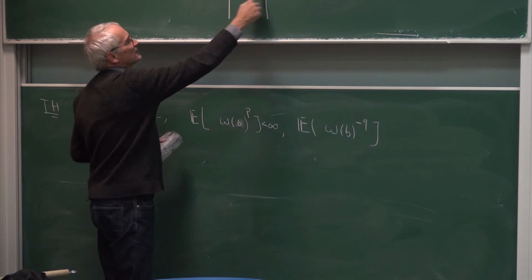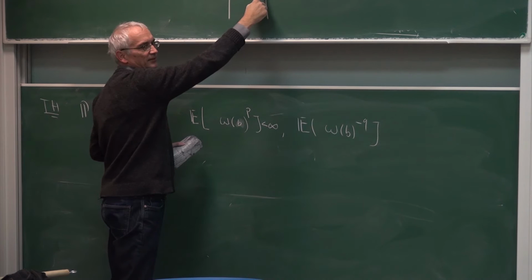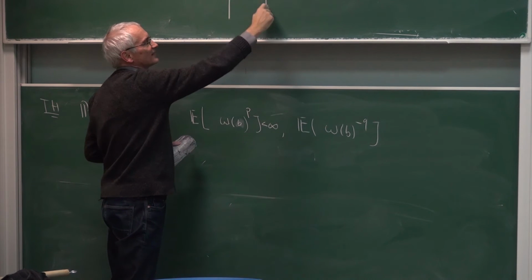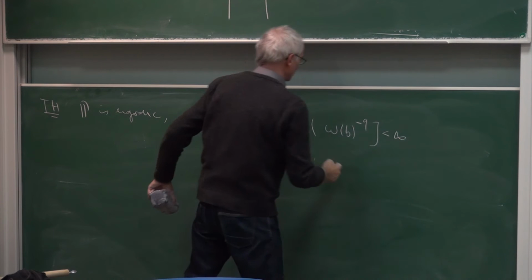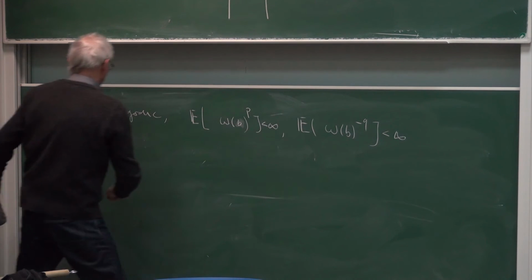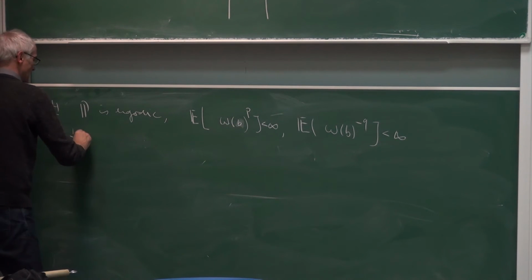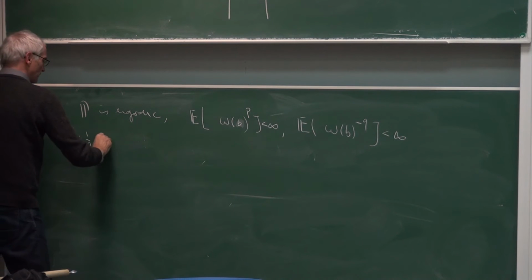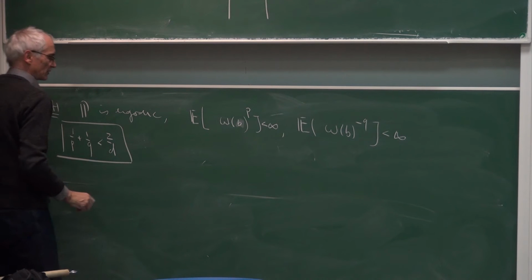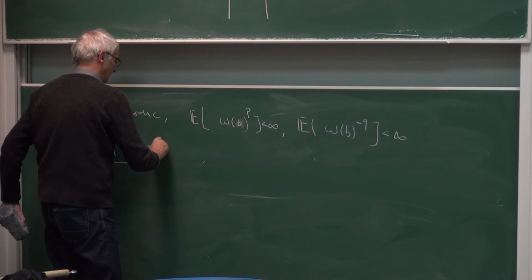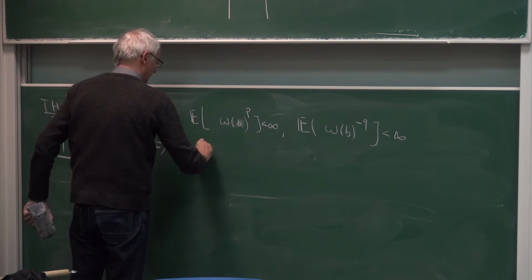Either it could be that this is very large with respect to the other, or it could be that these are very weak. So I want to make sure that this does not happen. With 1 over p plus 1 over q smaller than 2 over d, what we call the pq condition, then the quenched invariance principle holds.